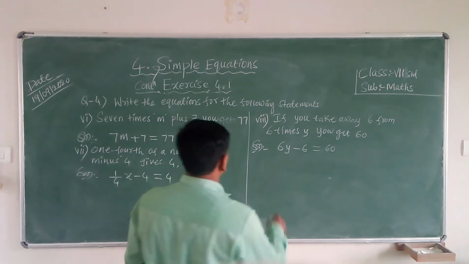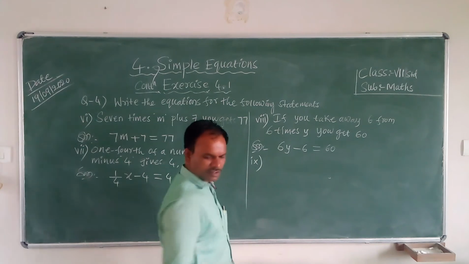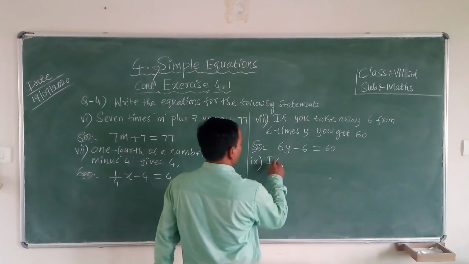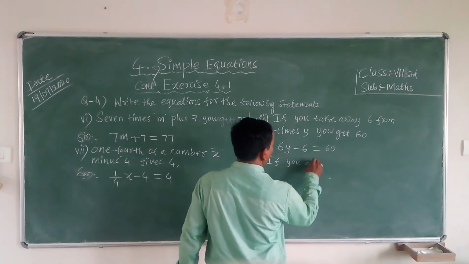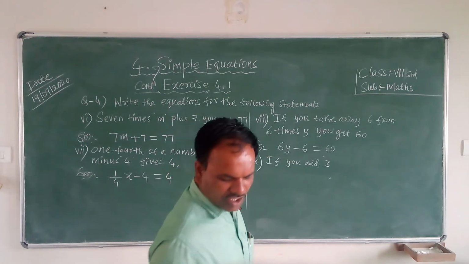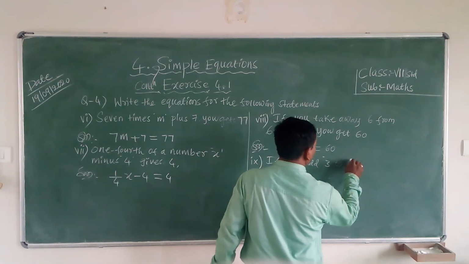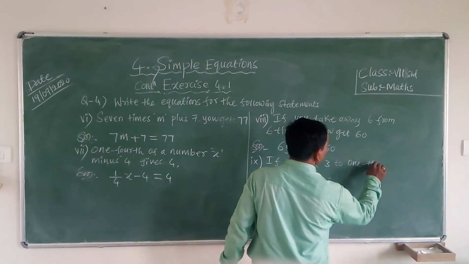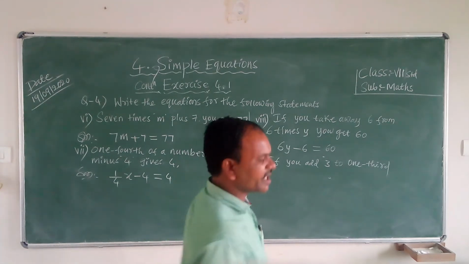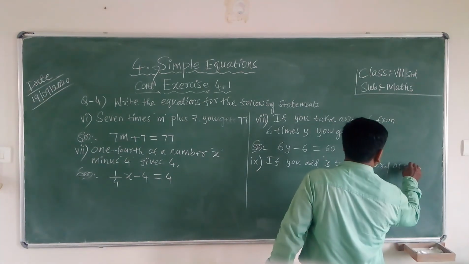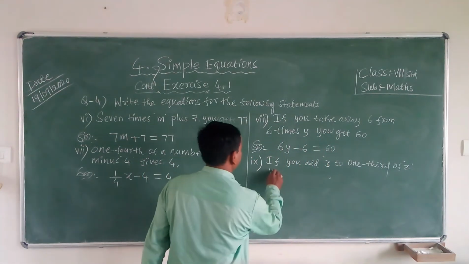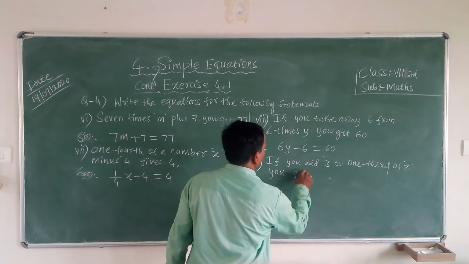Last, the 9th one is there. If you add 3 to 1/3 of z, you get 30.